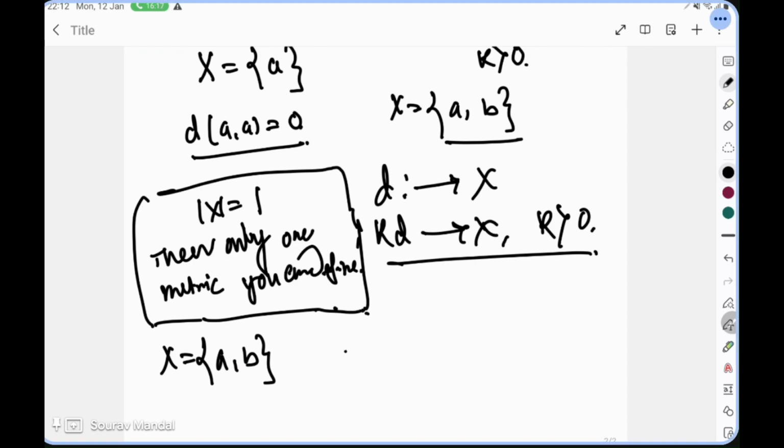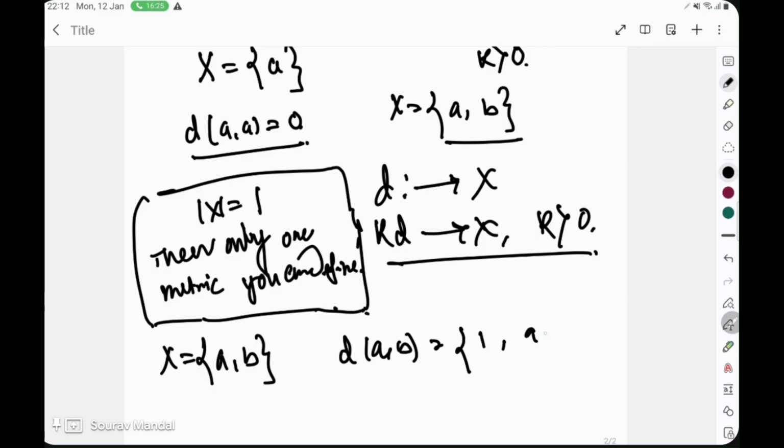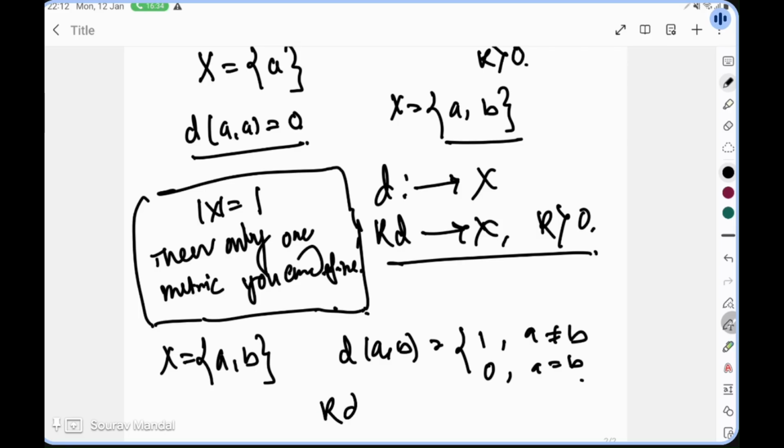Infinite. First, the metric d(a, b) equal to 1. If this is a metric, then kd also forms a metric on X. So there are infinitely many possibilities on X. So the thing is clear.